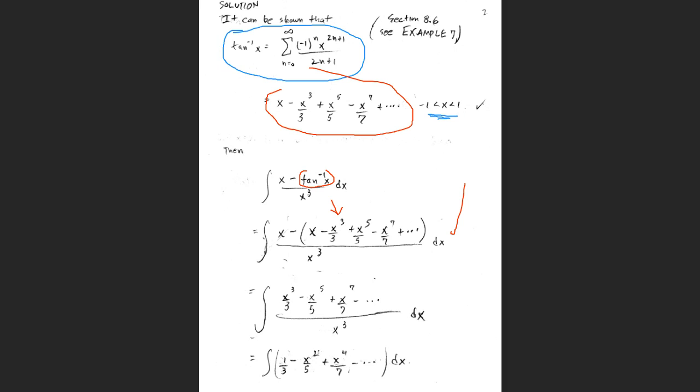Why is it helpful? How does writing out the terms of the power series, like I've done here, help us simplify the numerator?